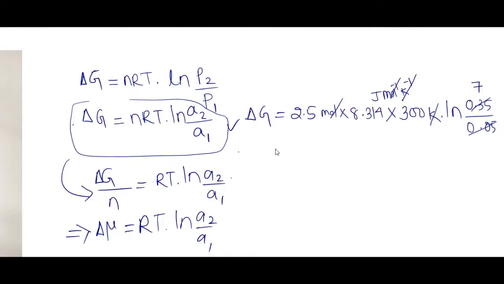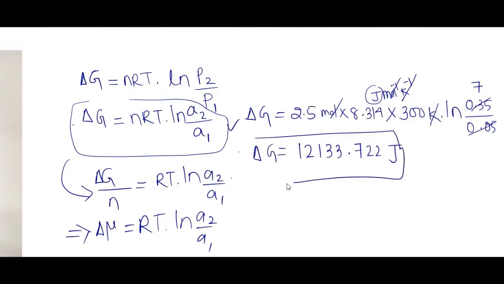When you multiply all these terms, we get del G as 12133.722 joule, because only joule remains and the other units cancel out. So the free energy change becomes 12133.722 joule.